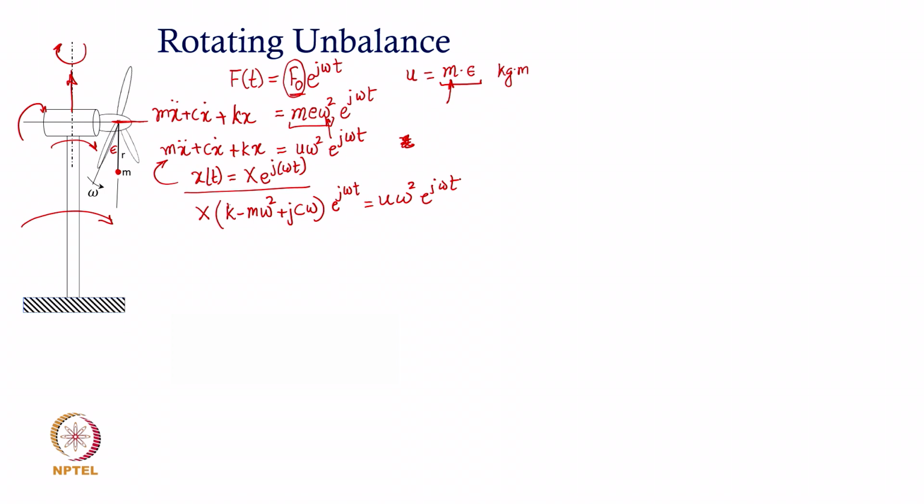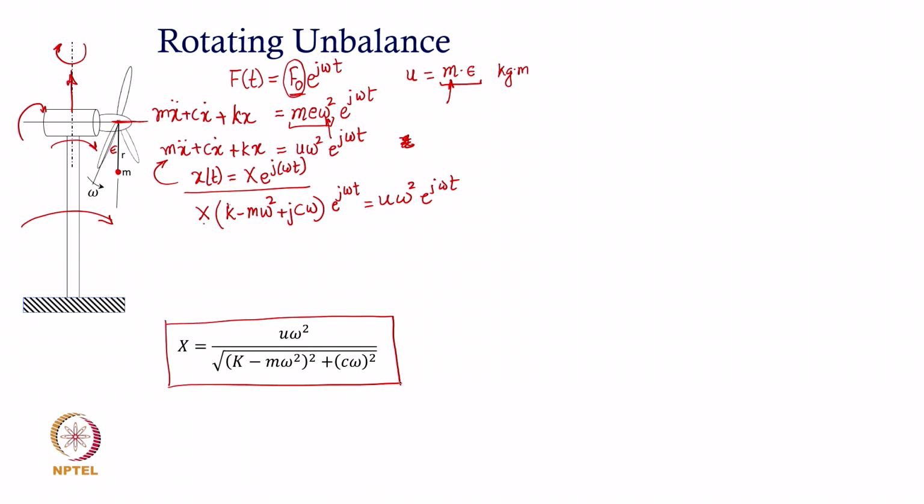Okay. So, the way we did it for a simple vibratory system, single degree of freedom system with constant force amplitude, the same process will apply, and it is just as straightforward to show that finally, this amplitude X, keeping on the left hand side all terms taken on the right, and some mathematical manipulation which we have already done, this is what you will finally get as the amplitude of vibratory response in terms of the unbalance u and the excitation frequency omega.